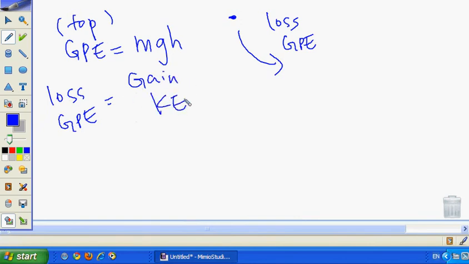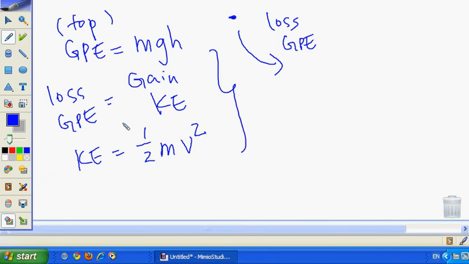KE is related to the formula KE equals half mv squared. So we can form an equation: loss in GPE equals gain in KE. So mgh equals half mv squared.